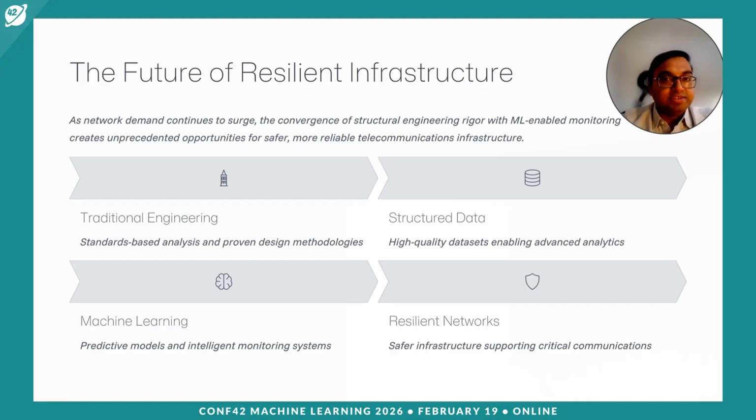The end result is resilient networks, safer infrastructure that supports the critical communications our society depends on, managed more efficiently and with greater confidence than ever before. One message I want to emphasize in all this: the engineering fundamentals must come first.